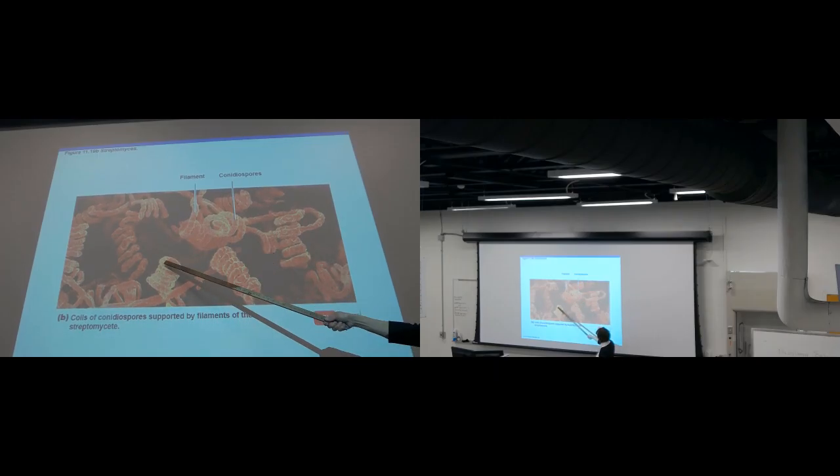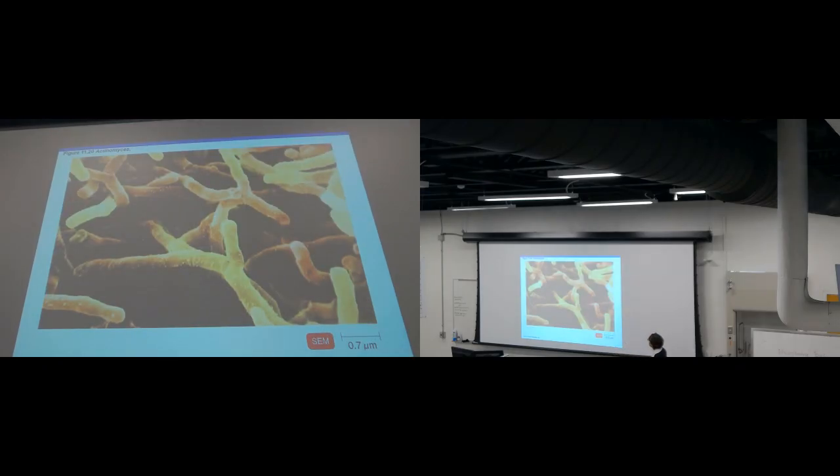And in these coils, that's where they have these conidiospores. And then here we have Actinomyces, which has filaments that branch, but you don't see the coils, and you don't have conidiospores for this bacteria.